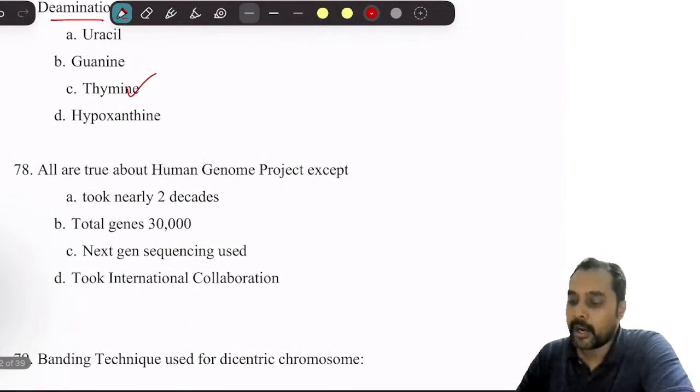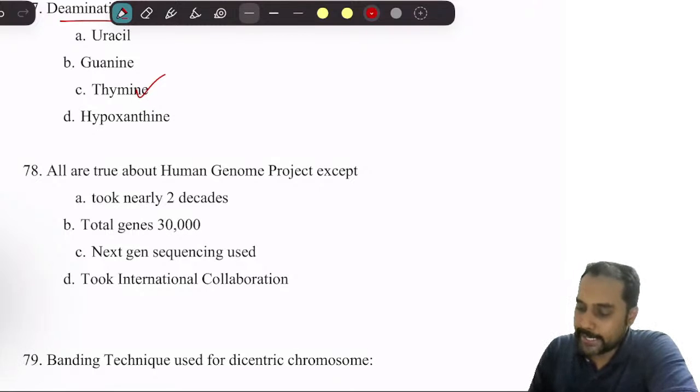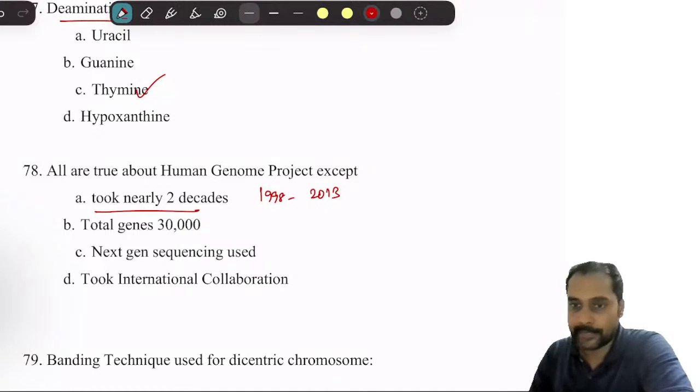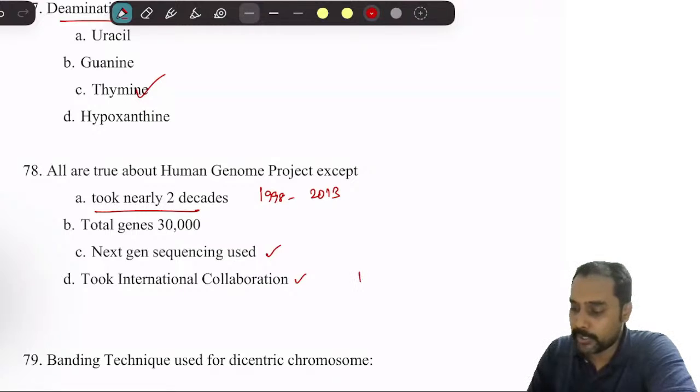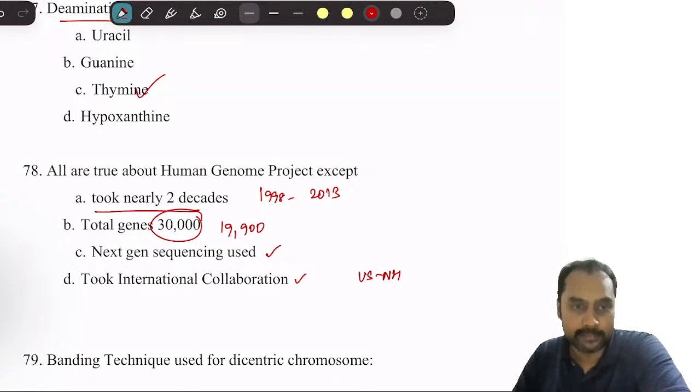Okay, fine. All are true about Human Genome Project except: it took nearly 2 decades. Yes, 1998 to almost 2013, so nearly 2 decades. And then next generation sequencing was used. That is also correct. It was an international effort with the US Department of Health. The only thing is the total number of genes that was found was 19,900.